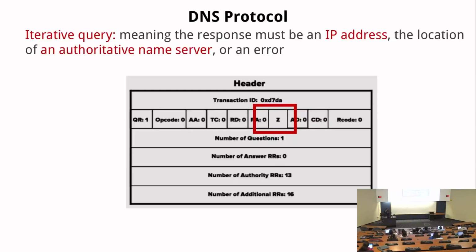On the other hand, the iterative query means the response must be an IP address, the location of an authoritative name server, or an error.